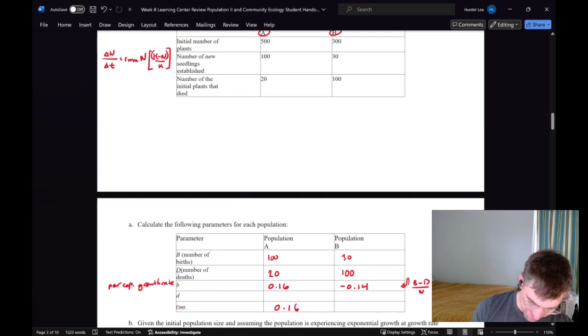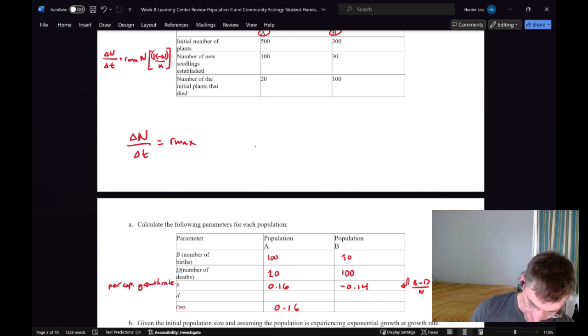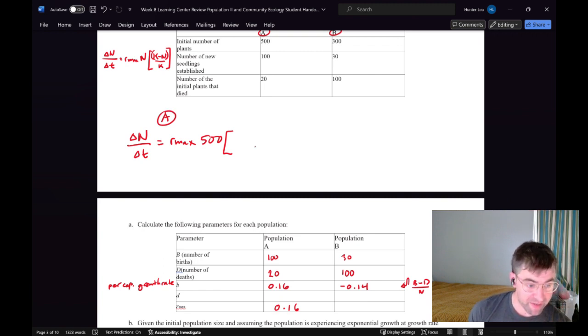And this again, we're trying to calculate R max, right? We had the initial population was 500 individuals. We'll do population A first. We don't know what the carrying capacity is.